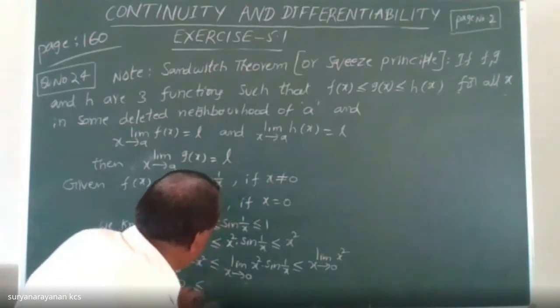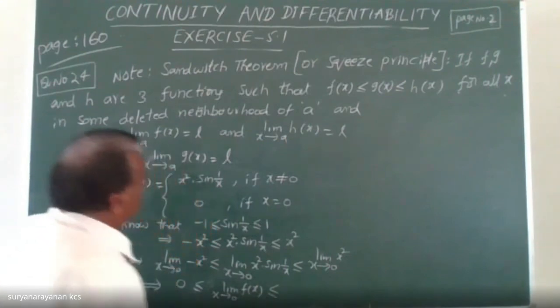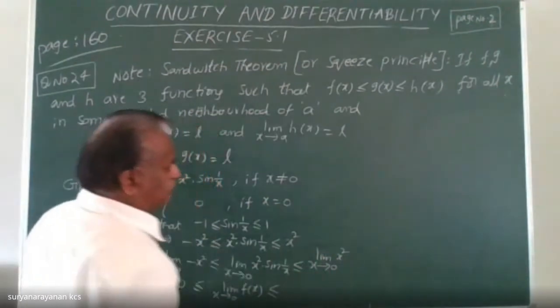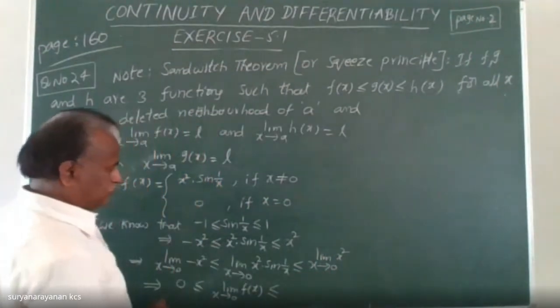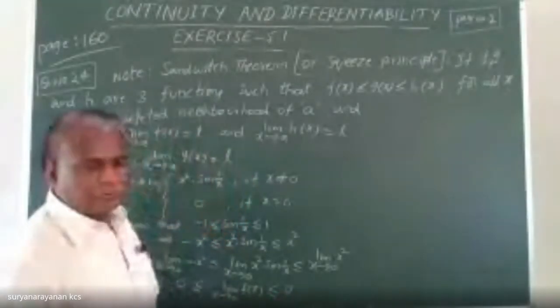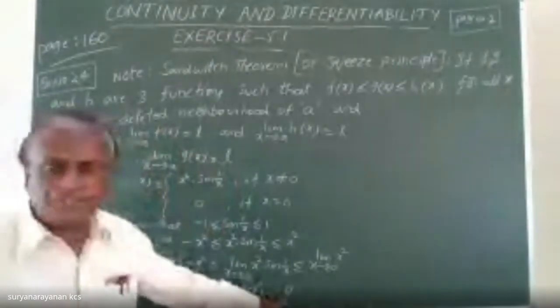So as x tends to 0, limit f of x, the given function, less than or equal to the limit of this function, which is 0 by substitution. So the limit of this function lies between 0 and 0.